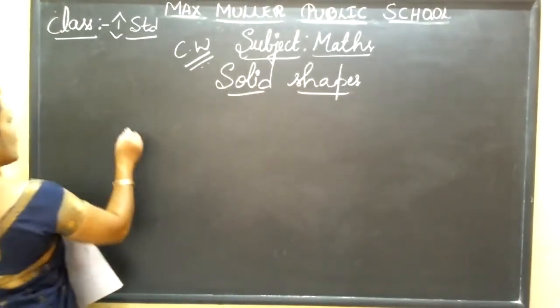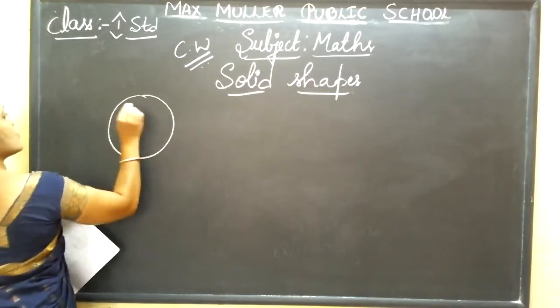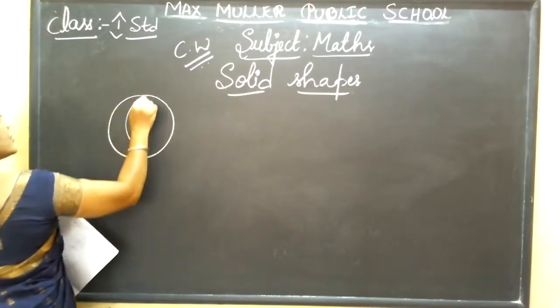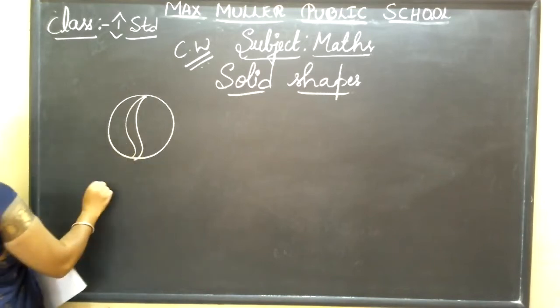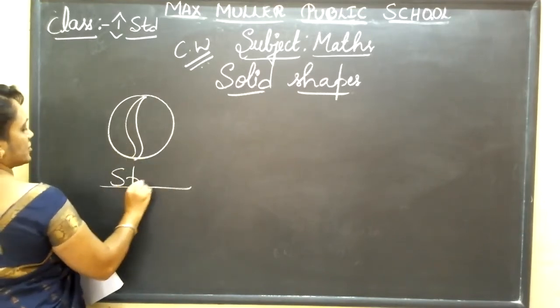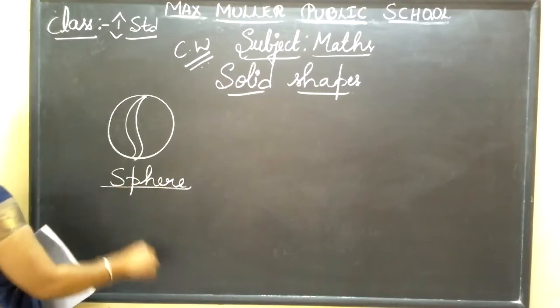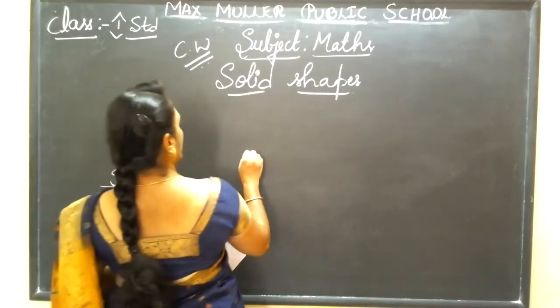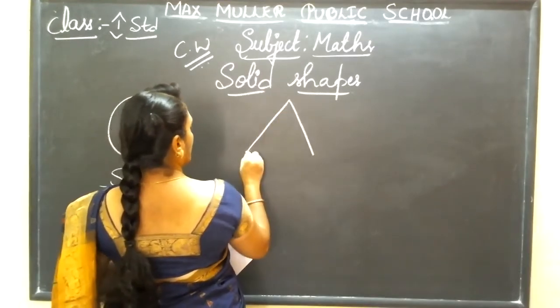See how to draw. First draw a circle, then inside like this. So this is sphere. S-P-H-E-R-E, sphere. Use a scale and draw neatly.